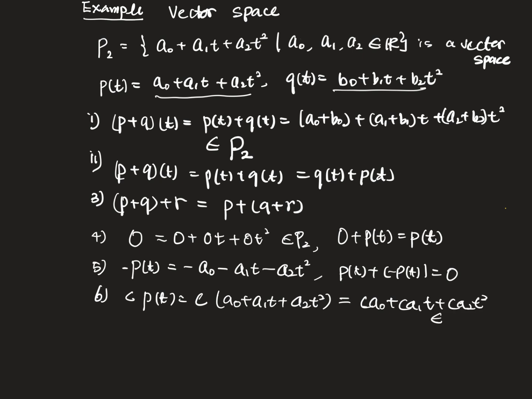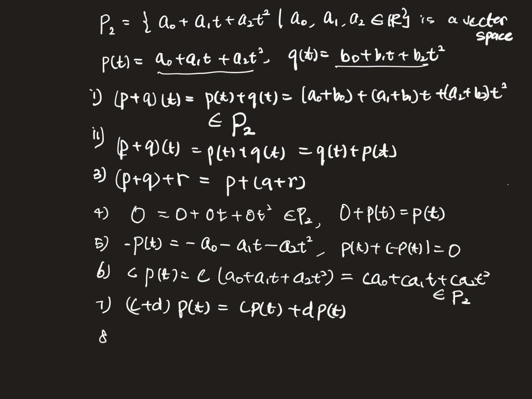Of course, this one is in P2. Okay? Same thing, you can prove (c plus d) p(t) is going to be c p(t) plus d p(t). Very easily you prove it.